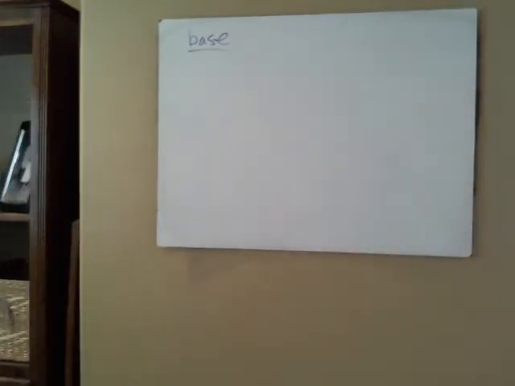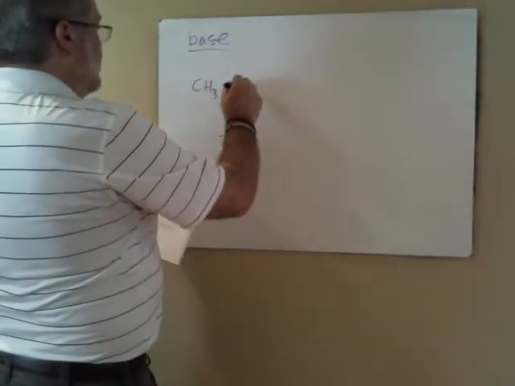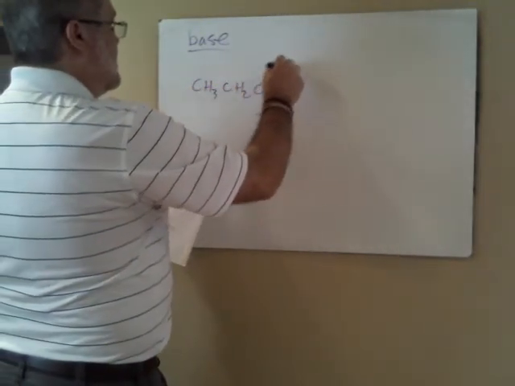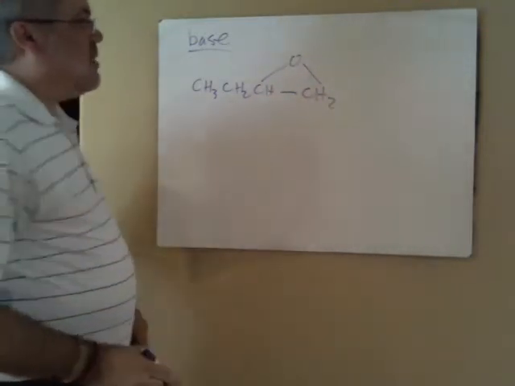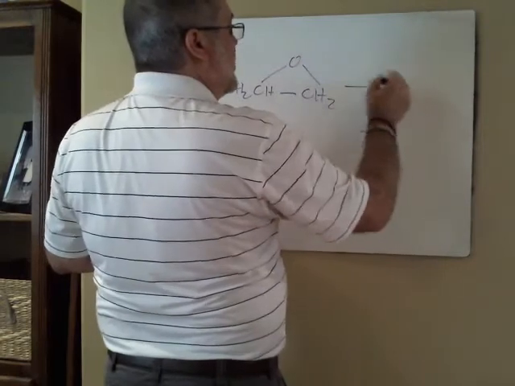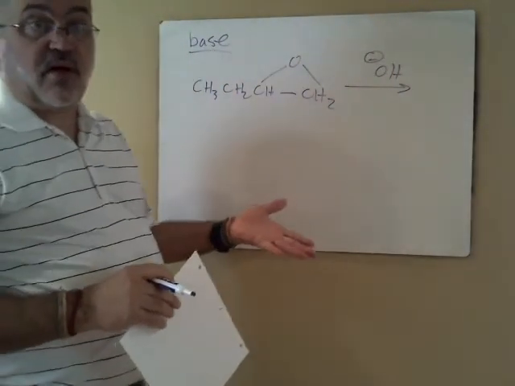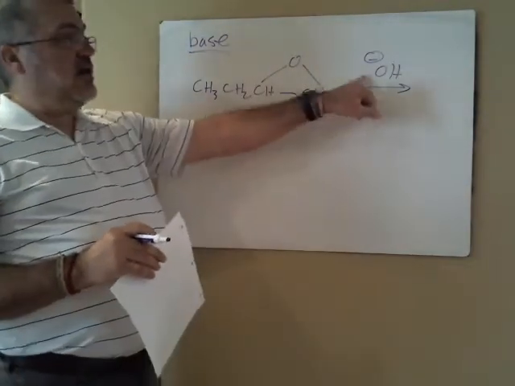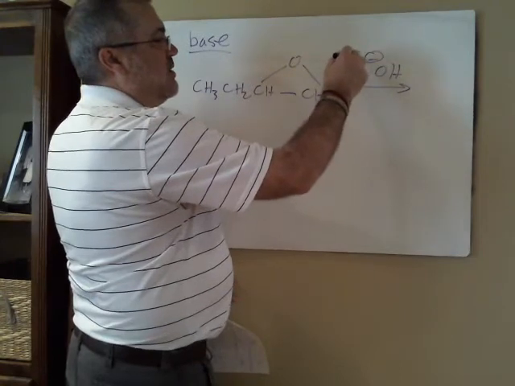And so, simple example of that, just look at this epoxide. I'm going to draw it like this, and then I'm going to put in my OH minus. So if you have a base, it's going to be something like sodium hydroxide, potassium hydroxide. So you're going to have the hydroxide. If you want to put a counter ion there, let's put that.